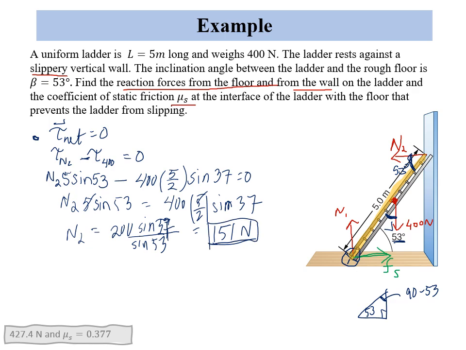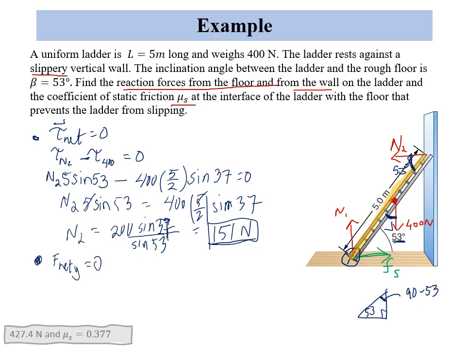Now if I want to calculate N1, that is going to be pretty simple. I can apply the first condition of equilibrium, which is F net equal to 0. I'm going to apply it in the y direction because N1 is in the y direction.